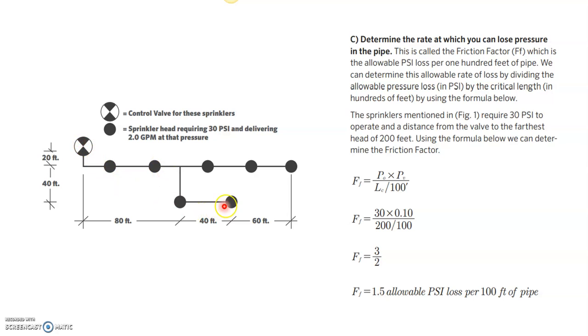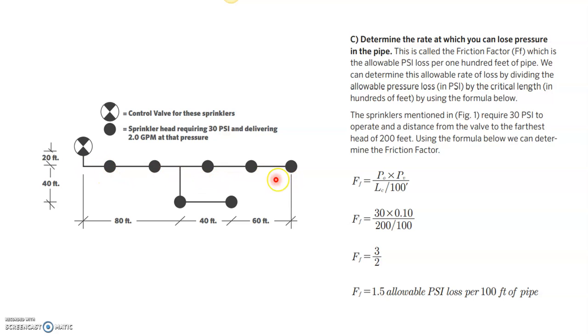So we are taking this as the farthest head. We know that the operating pressure of sprinkler heads is around 30 psi, so we need to maintain 30 psi at this head. But what's the pressure at the initial head of the particular zone? There must be some pressure difference.